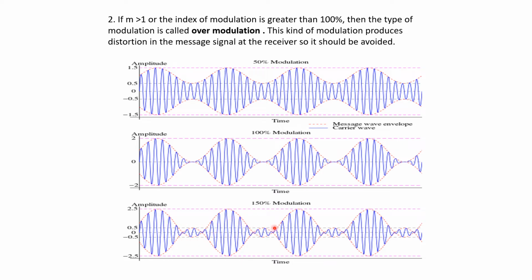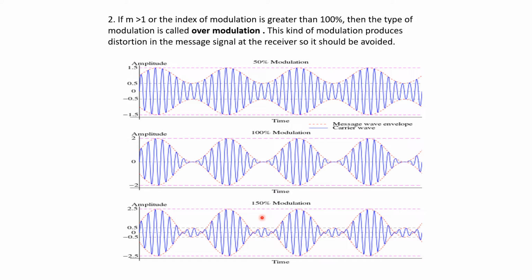Therefore, the amplitude modulation seems somewhat like this, as shown in the third figure, and this is the case of over modulation. In this case, the modulation is 150%, or the value of m is 1.5. It is greater than 1.